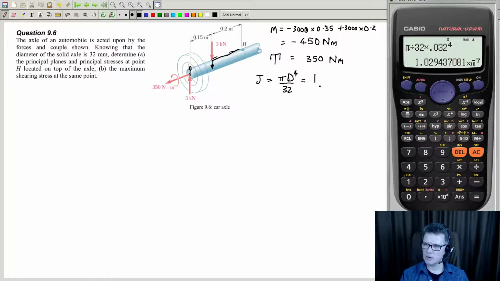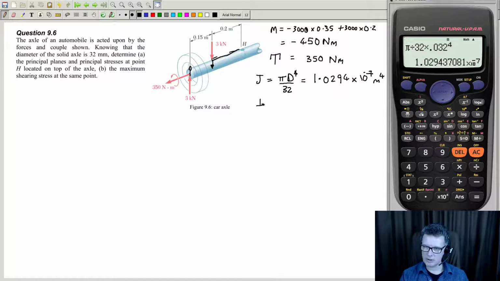So that's 1.0294 times 10 to the minus 7 meters to the power 4. I should have maybe pressed the Eng button.